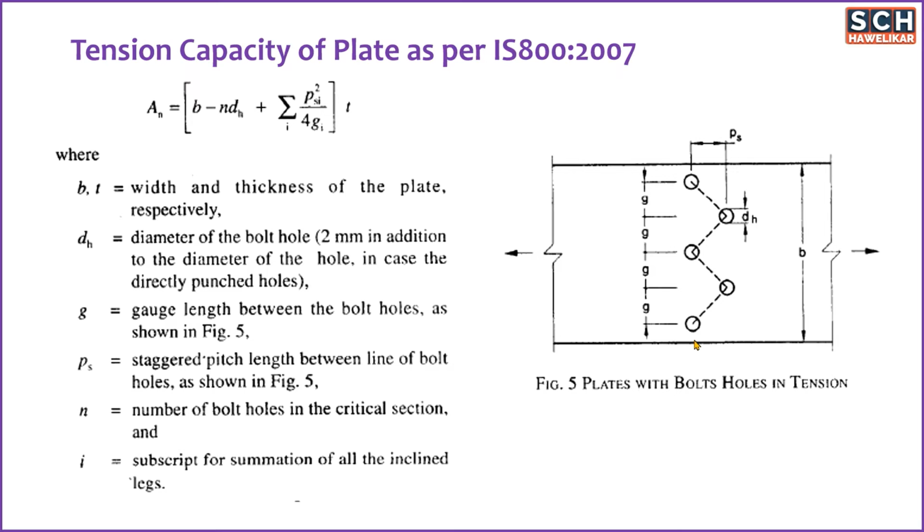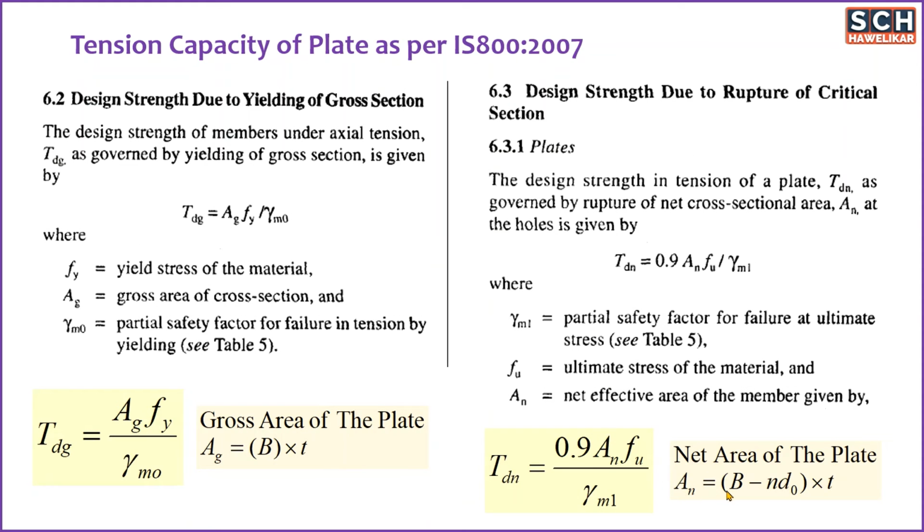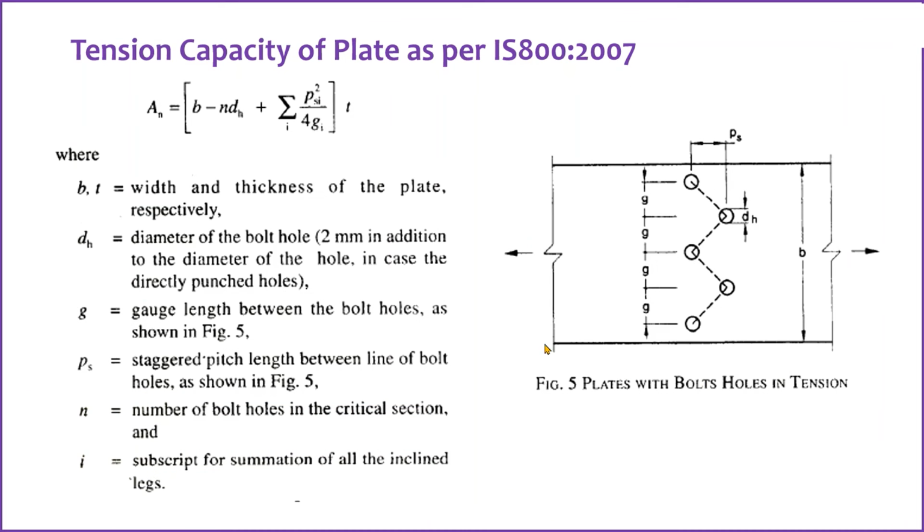Directly in the formula we can observe this is a net area. Actually, we have seen this earlier formula, that is An is equal to B minus n d0 into t. Both formulas are the same, where n is the number of bolts and d0 is the diameter of the hole.